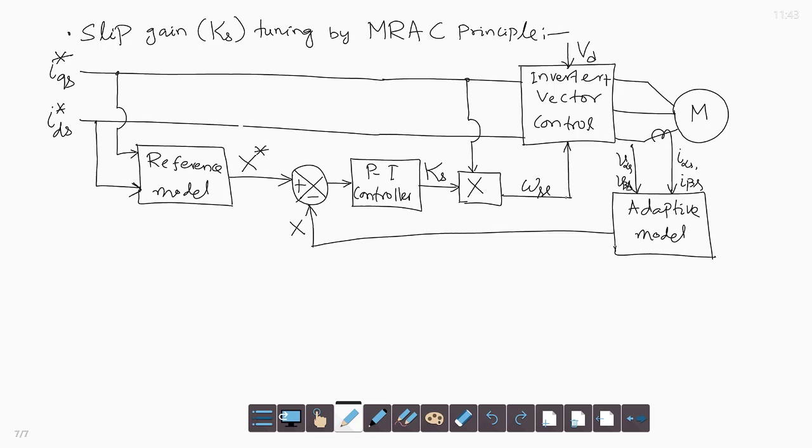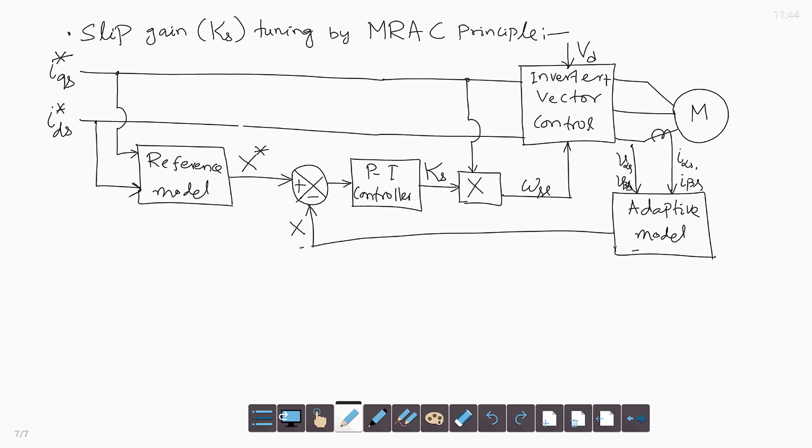So, the reference model uses ID star, IQ star, the machine parameters and frequency for estimation of the reference output x star, and the adaptive model output x is estimated from machine feedback voltages and currents I alpha s, I beta s and V alpha s, V beta s. The reference model output and adaptive model output are compared, and the resulting error generates the estimated slip gain Ks through a controller.